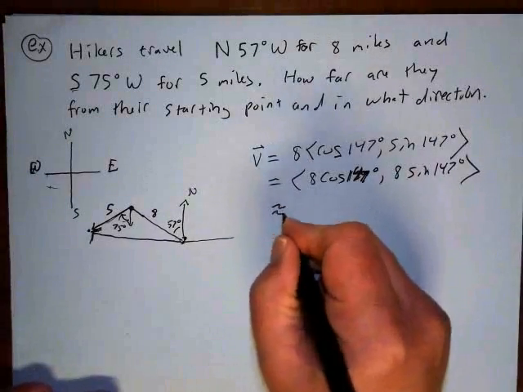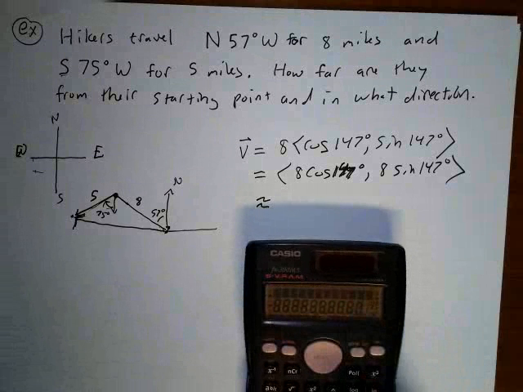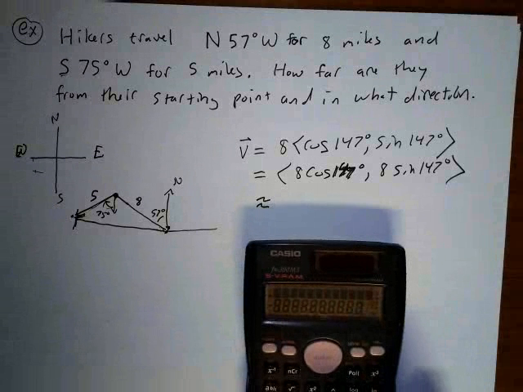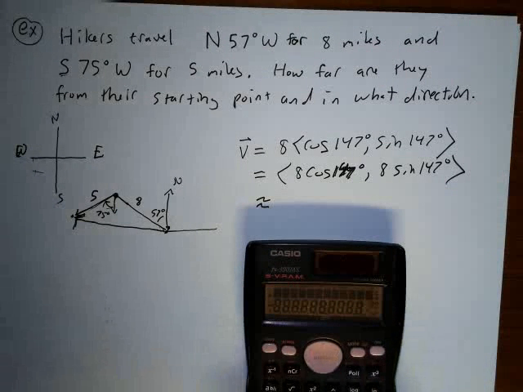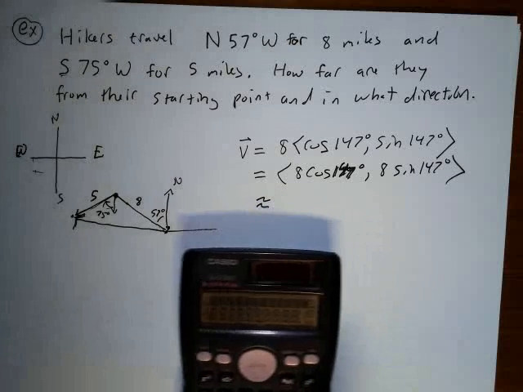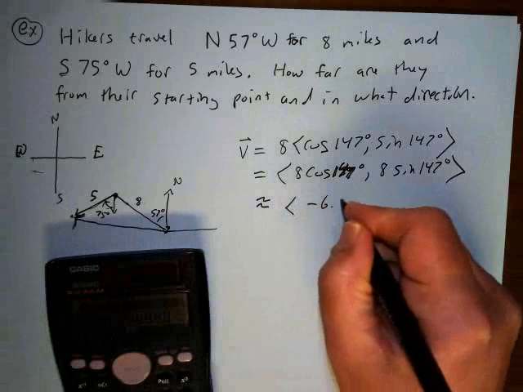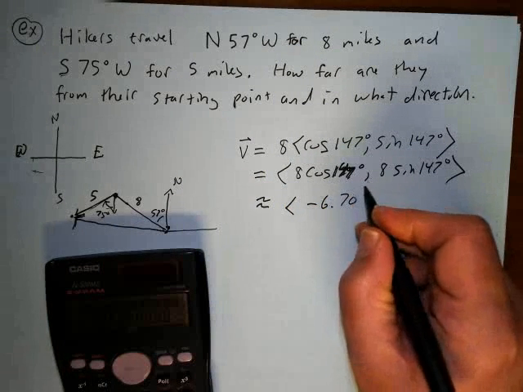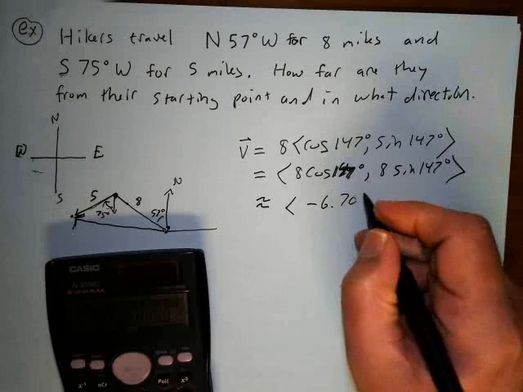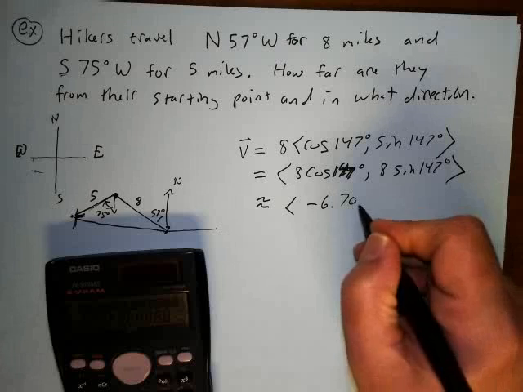And then I'm going to get a component form here. So 8 cosine 147. I'm going to get it in terms of a decimal approximation. This is negative 6.70, and we'll just do it to the tenth place here.